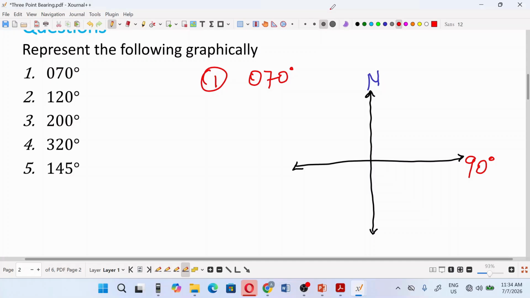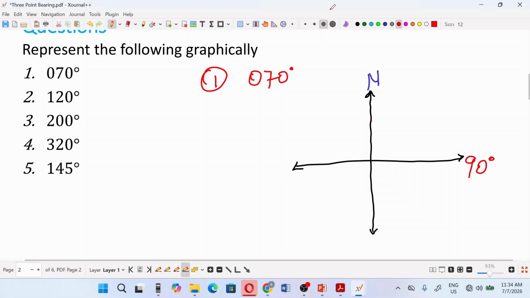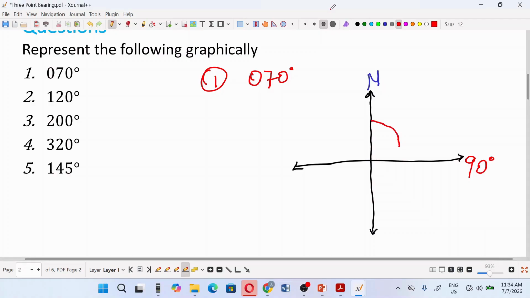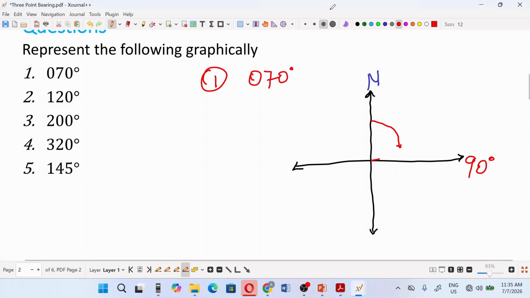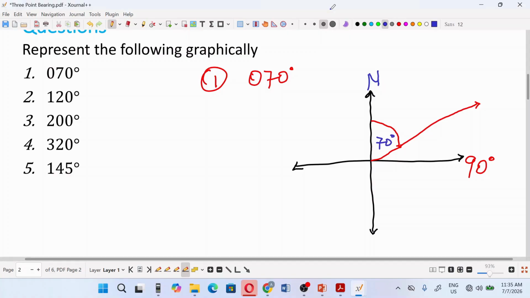Therefore, if I'm measuring from the north, it has to be more than that. This is almost the same thing as the definition of the bearing. So I'm going to move more than half of it, and I'm going to say this is my 70 degrees, right? Just represent it here as my 70 degrees.